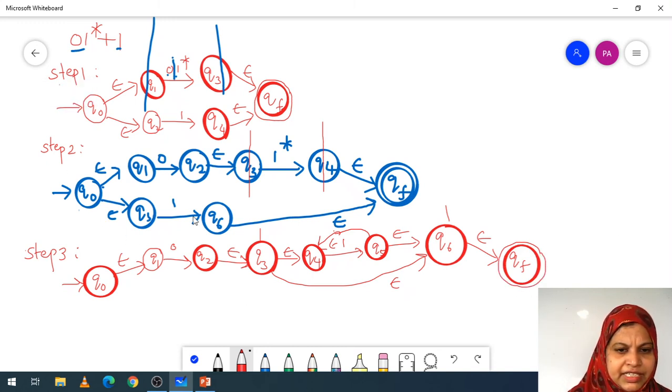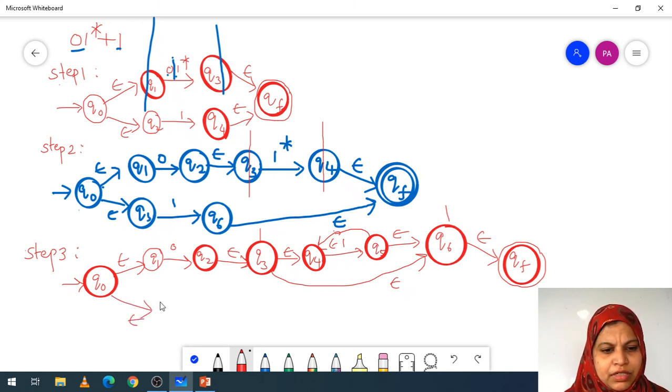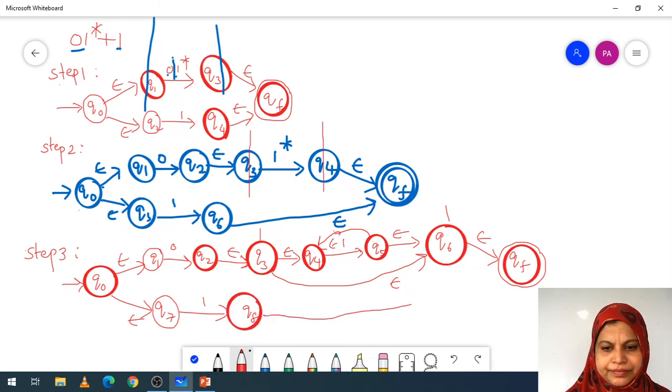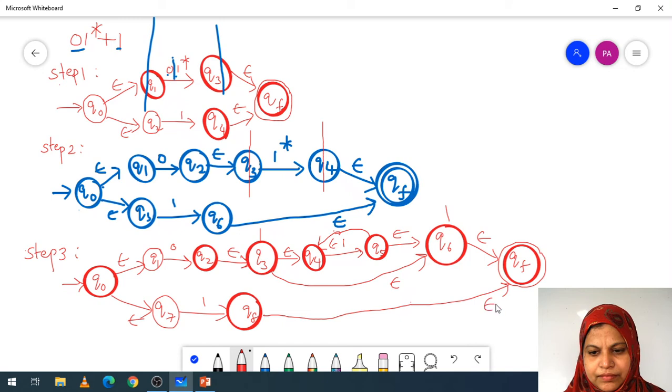Here everything is same, up to here q6 is there. Now I am going to start with q7, epsilon q7, 1, q8, then epsilon. This is the NFA with epsilon moves.